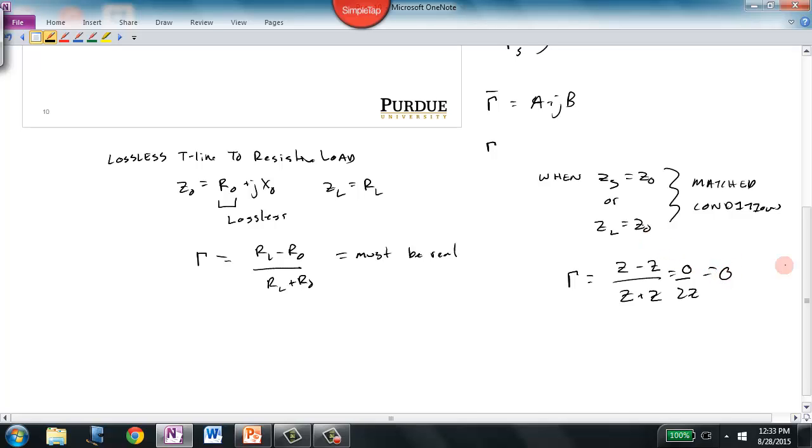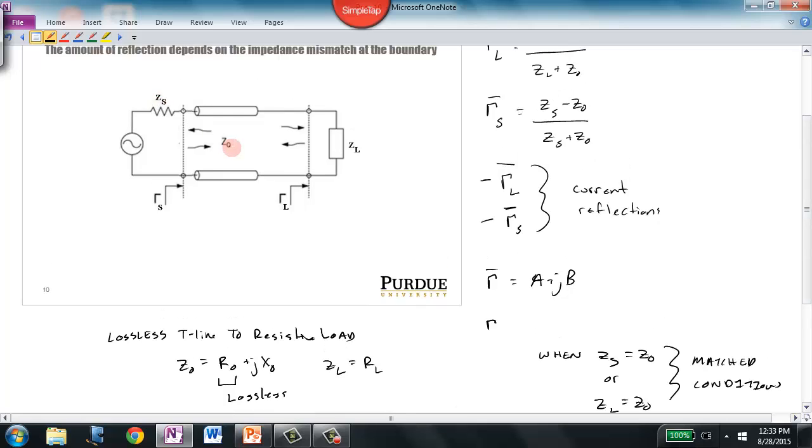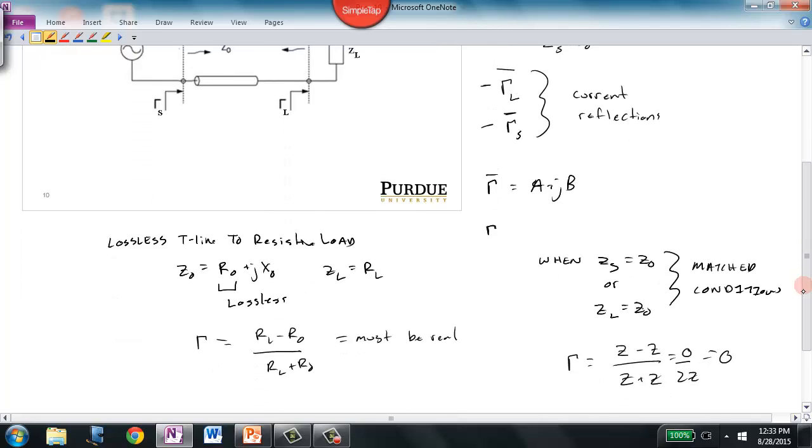So at a boundary that has a matched impedance condition, if ZS is equal to Z0, no reflections occur at that boundary. If ZL is equal to Z0, no reflections occur at that boundary. And that's very, very common in electromagnetics, that we can eliminate reflections by matching the source to the characteristic impedance of the T-line and the load to the characteristic impedance of the T-line.